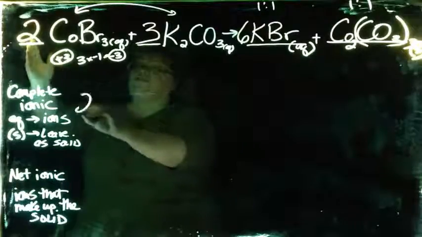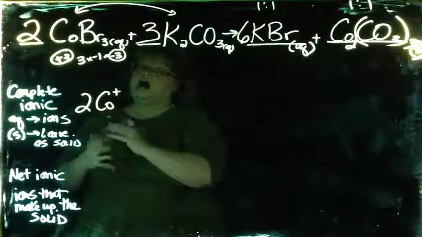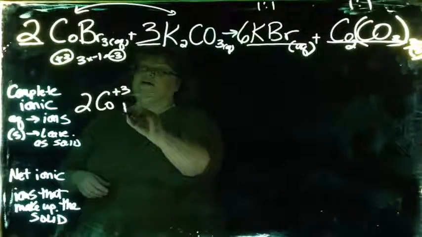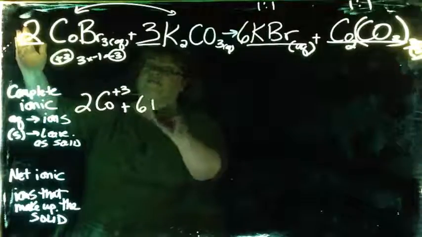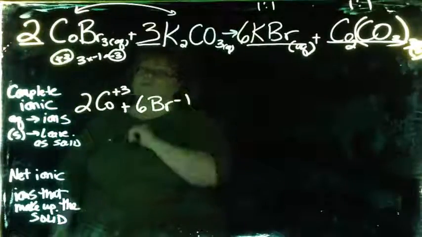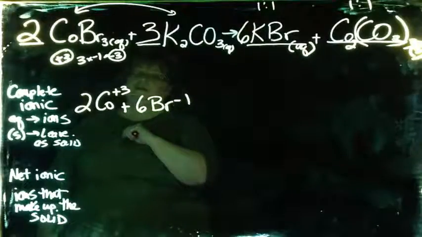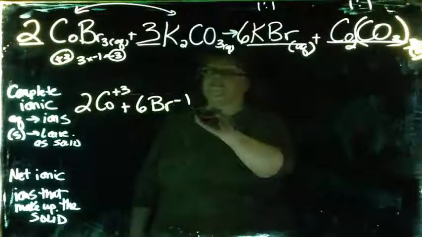Make sure you go to the front to count how many cobalt ions that you have. Alright, and I'm going to go to the 2. I have 6 bromines. Don't write it as Br3 with a -1. Bromines only exist as a Br with a -1. So I have 6 of those.